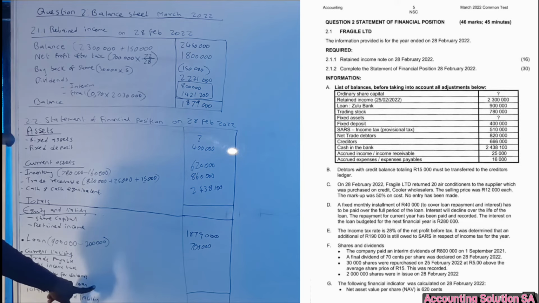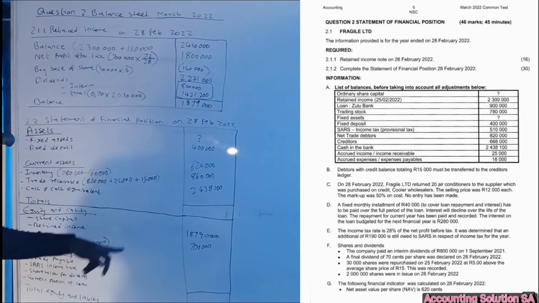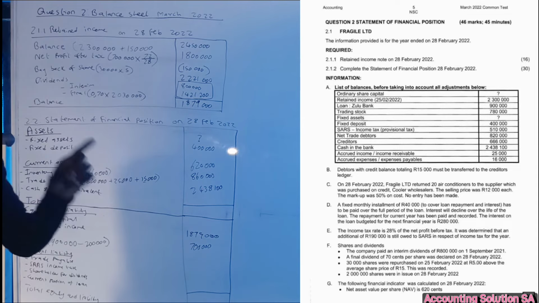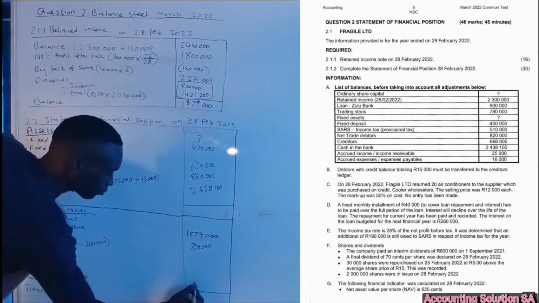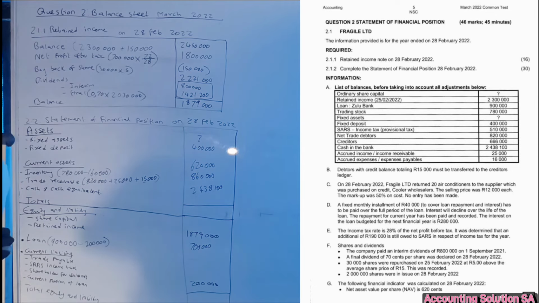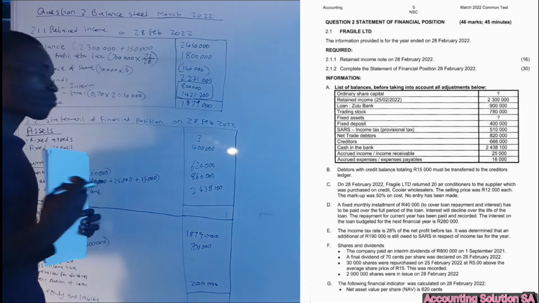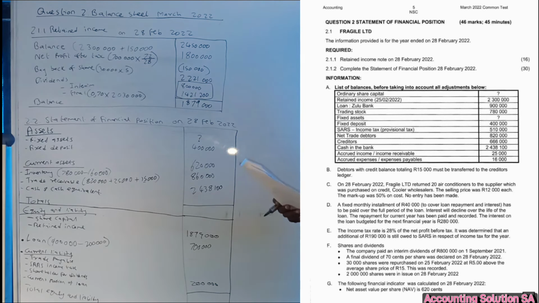Into the current portion of a loan, because this 200,000 is the current portion of a loan, and it's no longer long term but short term, because it's going to be paid within 12 months. Simple. We remove it under long term and put it under short term. Okay, now let's proceed.